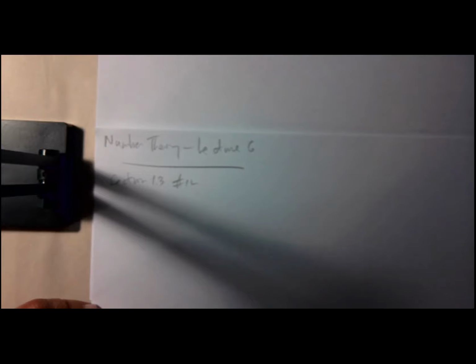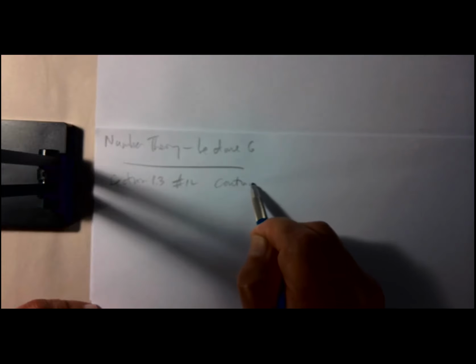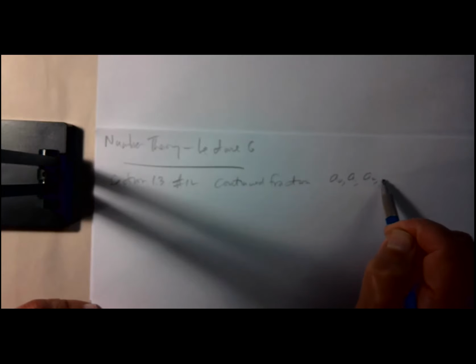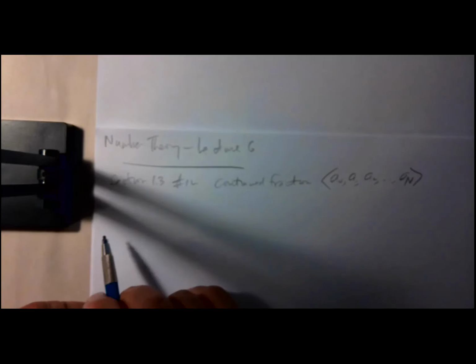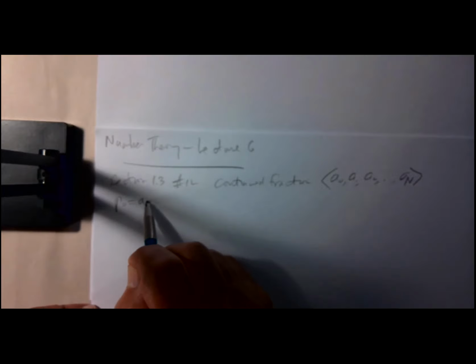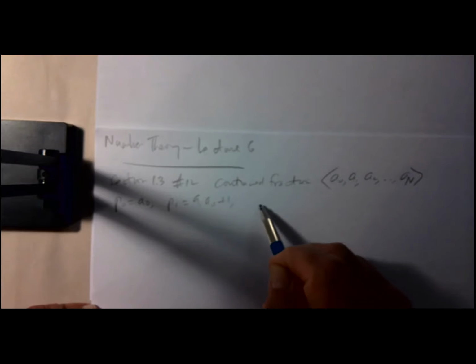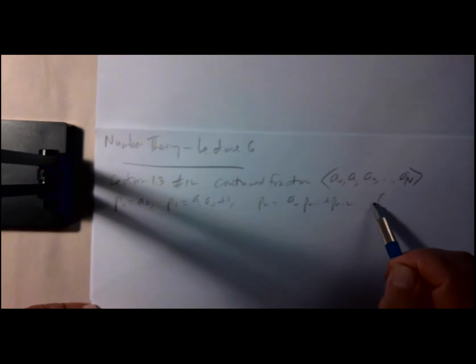So we're given the continued fraction A0, A1, A2, up to some A sub capital N. And we define sequences of integers, P0, P1, P2, Q0, Q1, Q2, where P0 is A0, P1 is A1 A0 plus 1, and Pn is An Pn minus 1 plus Pn minus 2 for all n greater than or equal to 2.